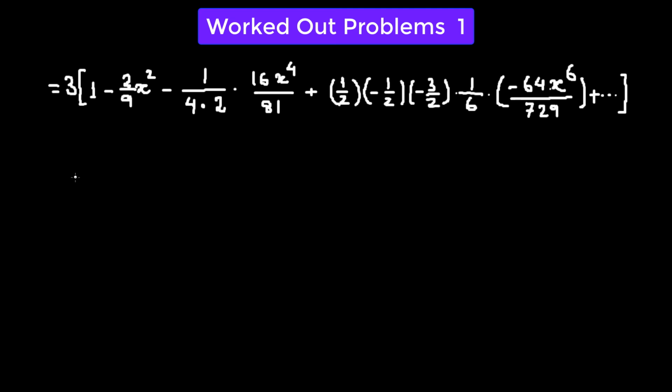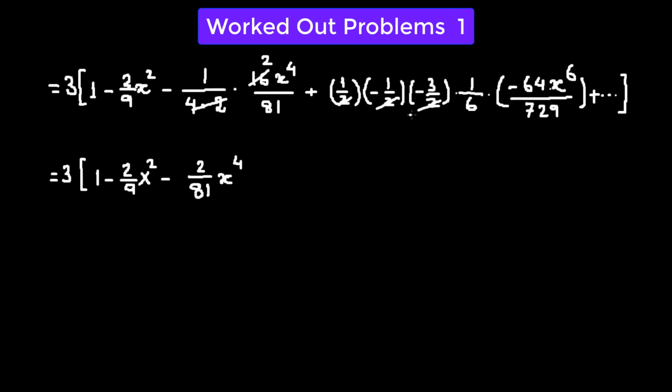So we do the further simplification. We have 3 times 1 minus 2 over 9 x squared minus, so we have 4 times 2, which is 8, and 8 times 2 is 16. So that would leave us with 2 over 81 x raised to the power 4. 2 times 2 is 4, so 4 times 2 is 8, and 8 times 8 is 64.